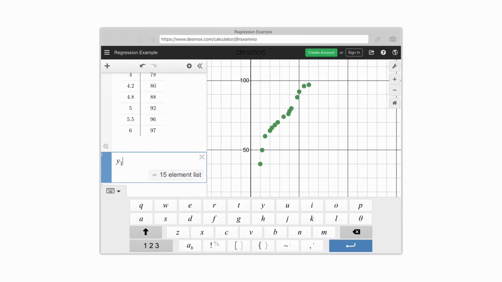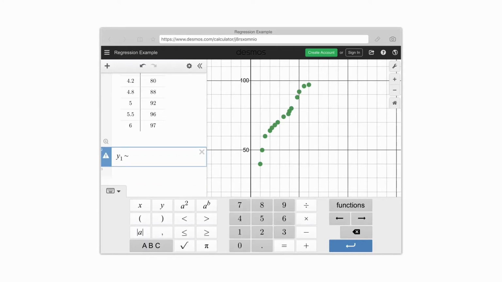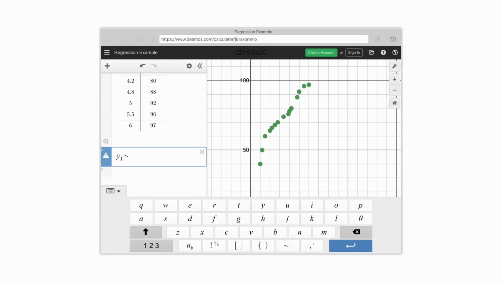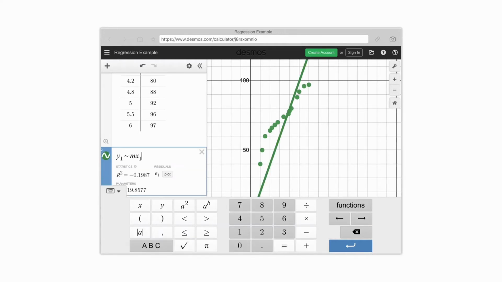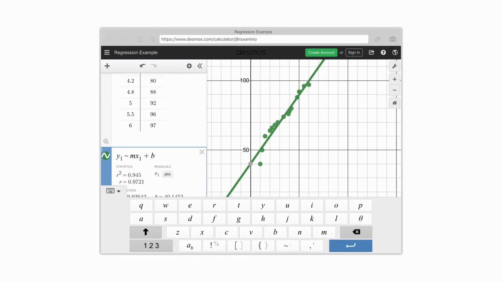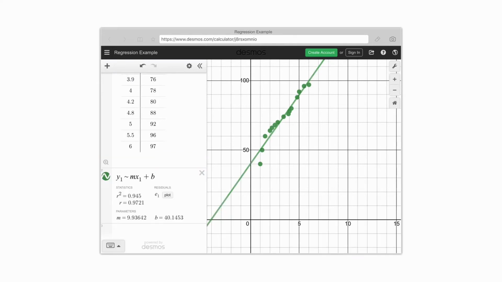We're going to put this little symbol. We're going to put our M, and we're going to put X with a little 1 to represent the other portion of our data, plus, and we'll put B. Now, if you look at that, it appears that Desmos has automatically made our line for us.